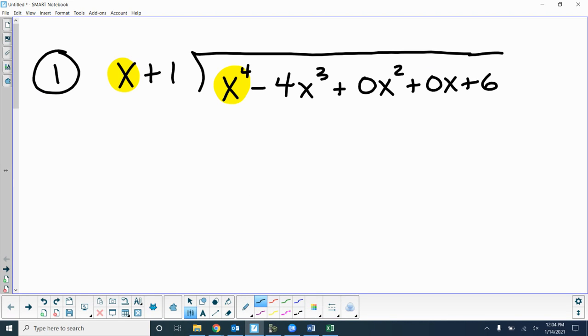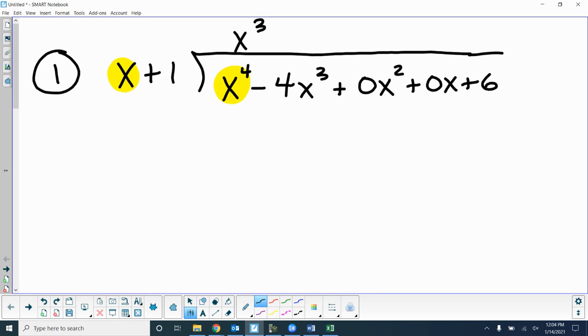Okay? So the first division problem is x to the fourth divided by x. What does that equal? X to the third. All we're doing is subtracting 1 from the exponent. You guys realize that, right? That's all we're going to have to do every time we divide by x, right? Just subtract 1 from the exponent with the x.